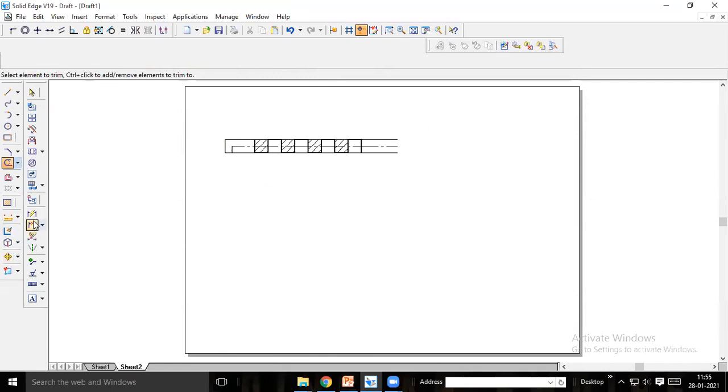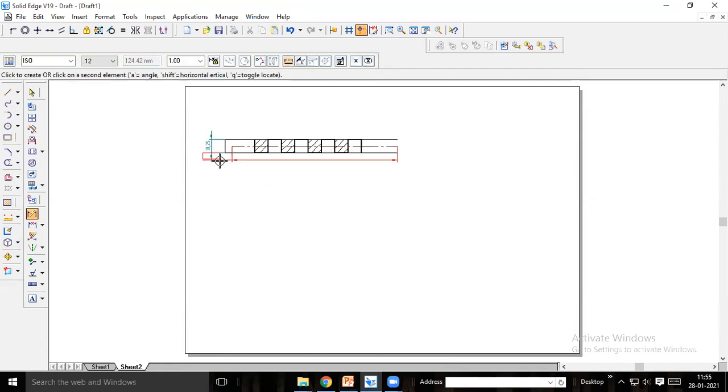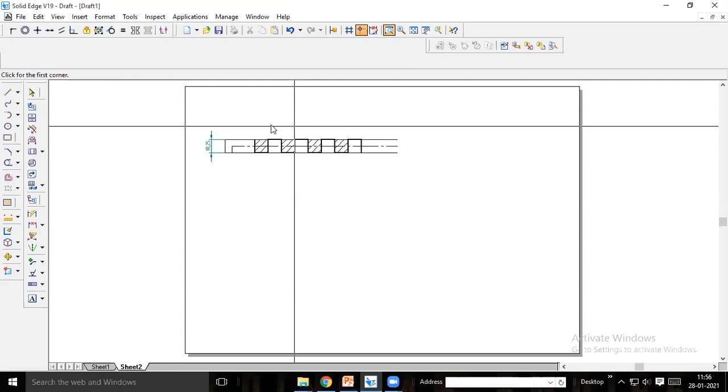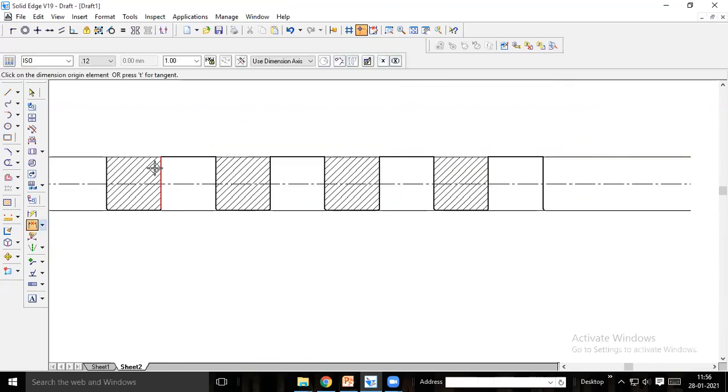You need to measure this. What is H? You have to mention H is equal to 0.5 times P plus clearance 0.25. Okay, this value, and the pitch distance, you have to measure the distance between this line and this.